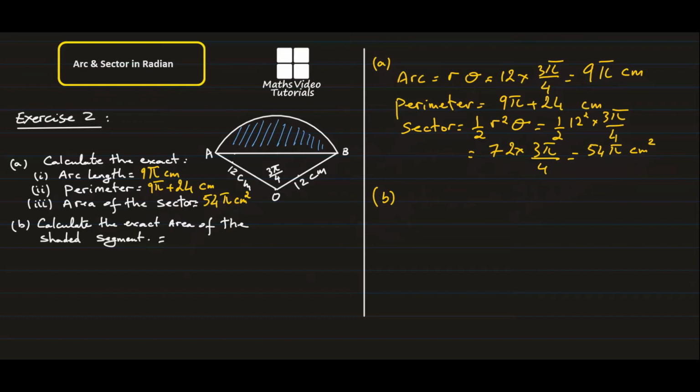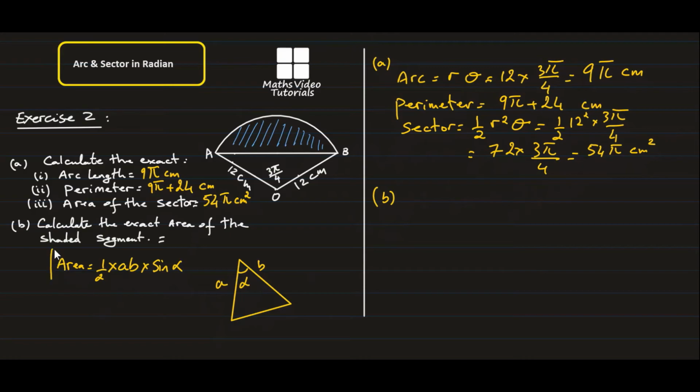In order to calculate it, we need to recall how to calculate the area of any triangle using the angle. If I just illustrate here quickly, if you have a triangle like so, with two sides A and B and the angle between them, let's call it alpha, the area of the triangle is given by the formula: you times A with B, halve the answer, and times it by sine alpha.